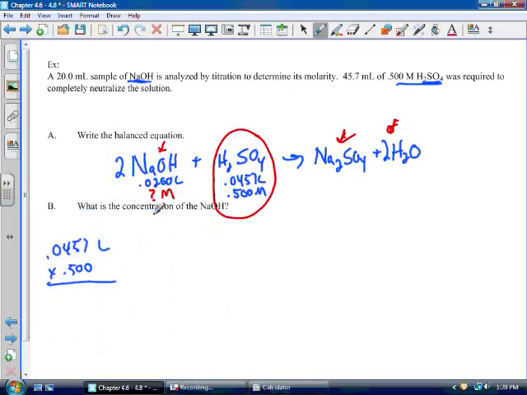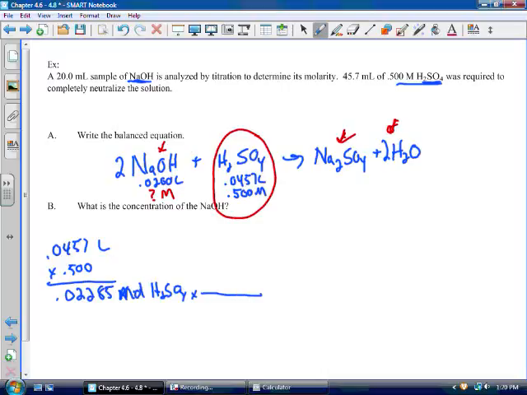And for the sake of this problem, I'm going to carry an extra significant figure throughout the problem. And that's always a good idea anyway. Carry extra significant figures throughout, and then round at the end. If you round all the time in the middle, you end up with over-rounding error. All right, so we know moles now of H2SO4.